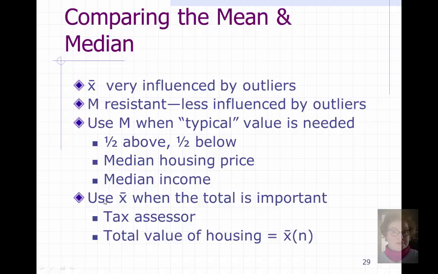For instance, the Chamber of Commerce will report the median housing price, but the tax assessor talks about the mean housing cost, because to the tax assessor the total value of all the homes in the city or county is very important, because the assessor wants to take the mean times the number of houses and get a value. And so both the mean and the median are measures of the middle, but they are useful in different ways.